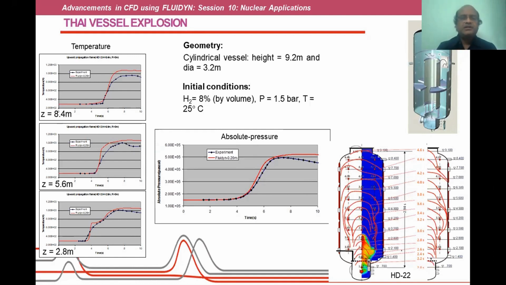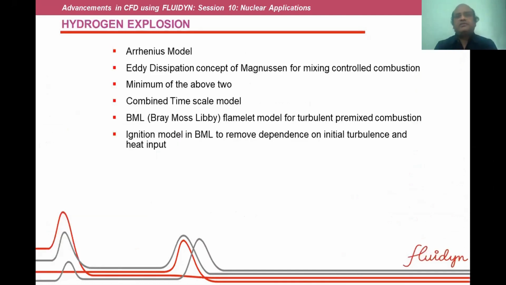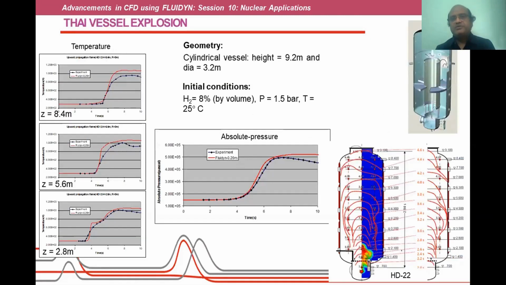With this, we can see that with these models, like the model for turbulent combustion, in the case of explosion, the process is going to be highly turbulent, and the use of turbulent combustion models is very important.